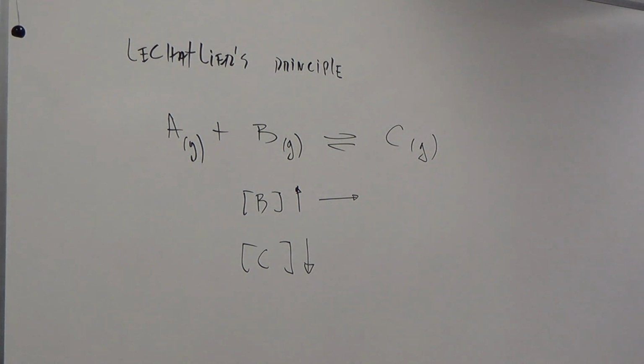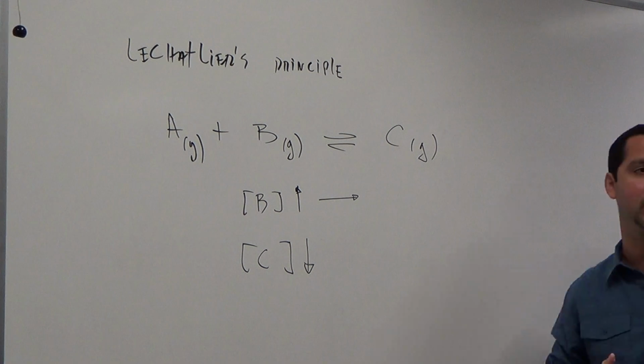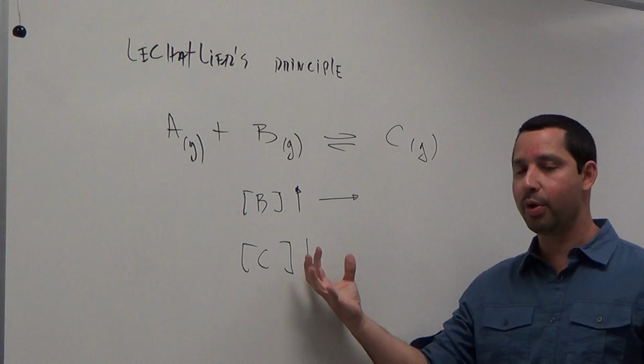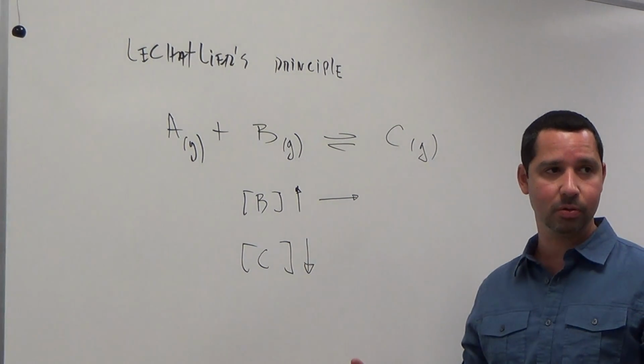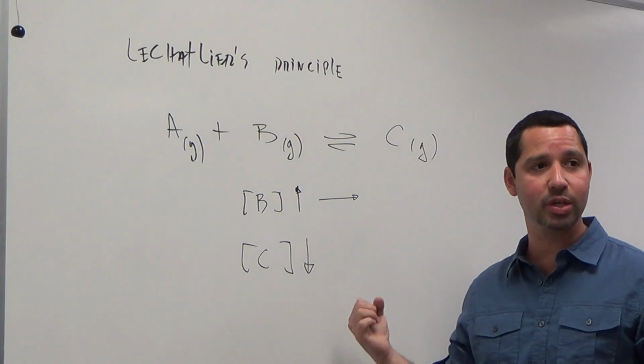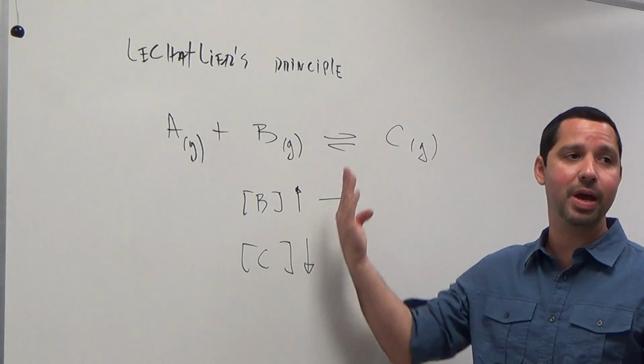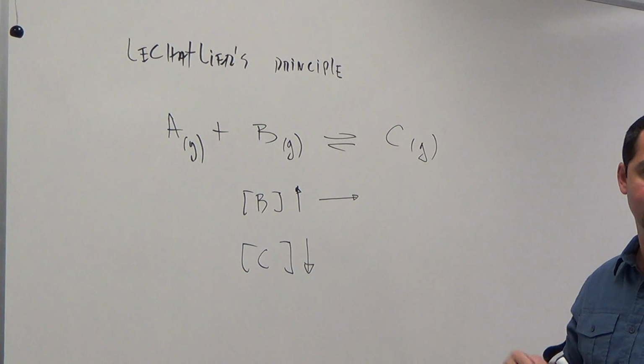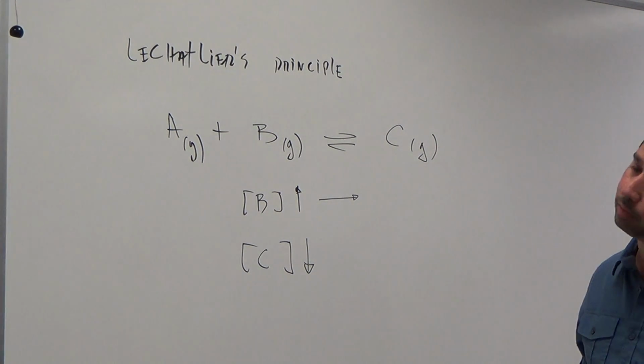If the concentration of C goes down, what does the system try to do? You bring it back up. Make more C. How do you make more C? Going forward or reverse? Go forward.